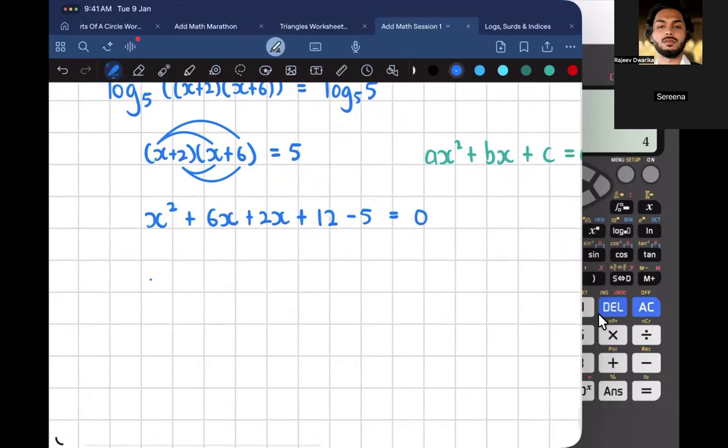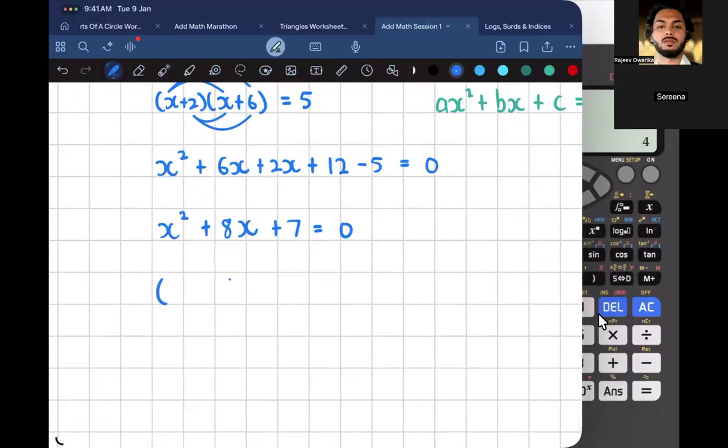Let's simplify. So x squared, notice we have two like terms for x. We have 6x's and we have 2x's. So altogether, that's going to be what? 8x. Right? And what is 12 minus 5? 7. Right? Now we need to factorize.